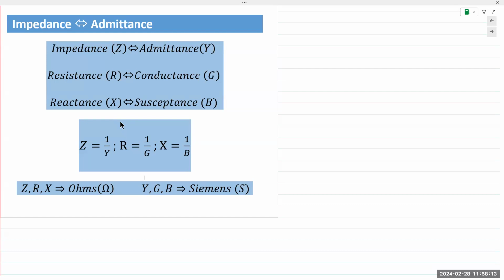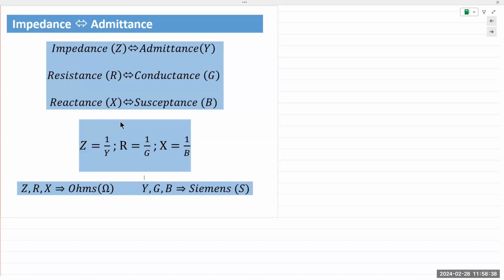Impedance comes from impede. Admittance comes from admit, the reciprocal. Resistance from resist. Conductance from conduct. It permits the flow, resists the flow, reciprocals of each other. Reactance, of course, is from the reaction of the magnetic and electric fields. Susceptance is the reciprocal of reactance.